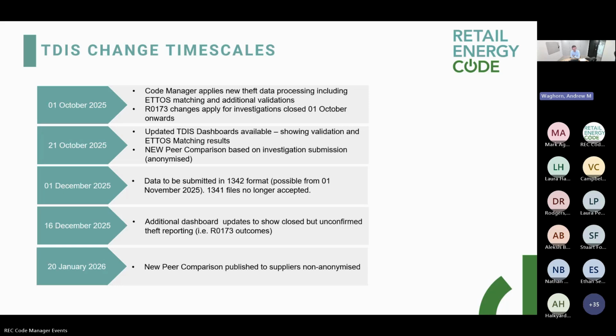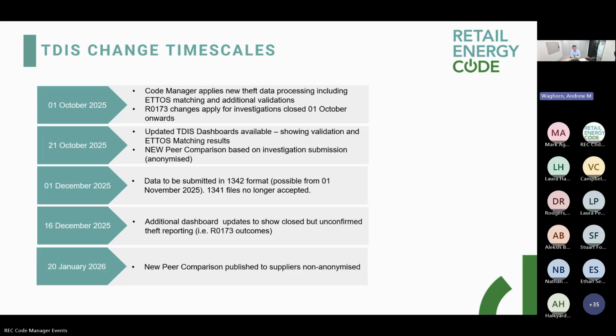That will be based on looking at, rather than confirmed theft, which obviously you can already see in the TDIS dashboards, the submission rate based on relative portfolio of parties. That will initially go live as a peer comparison only available to parties, and you'll just be able to see your performance and everybody else anonymized. That is expected to then become non-anonymized in the new year, but it will remain a sort of private to parties peer comparison at this stage, so it won't be a public peer comparison.